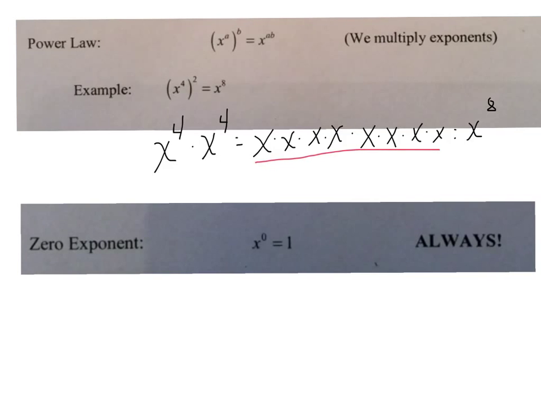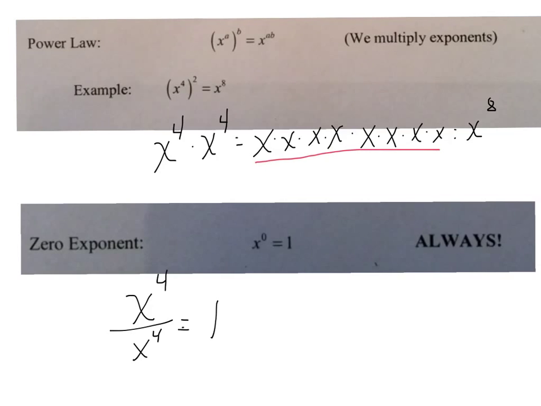The next rule is the 0 exponent rule. Anything to the 0 power is 1, always. I can show you why. Because if I know that x to the 4th divided by x to the 4th is equal to 1, anything divided by itself is always equal to 1.